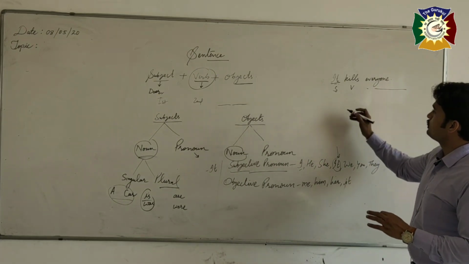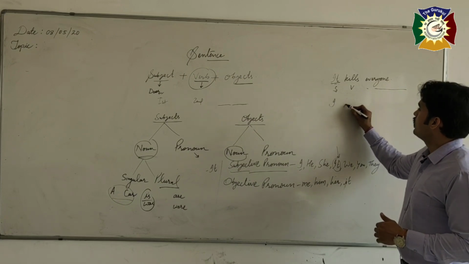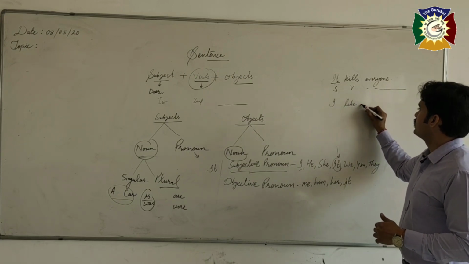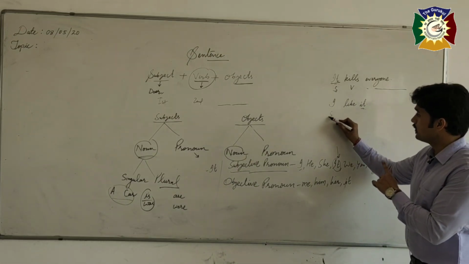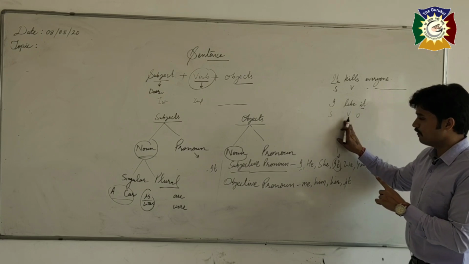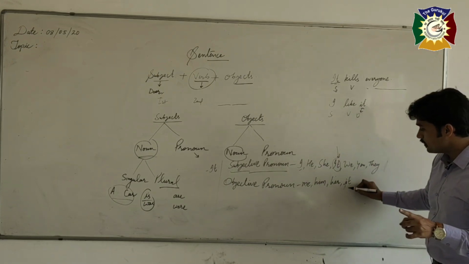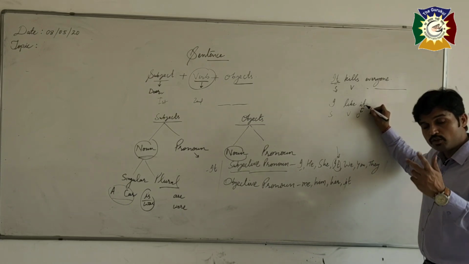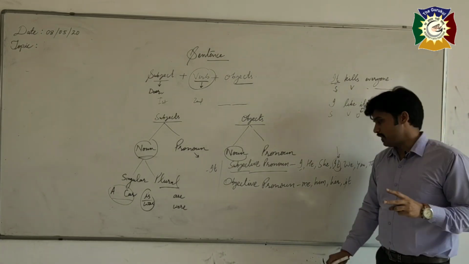For example, I'm giving one more sentence like I like it. Now you see this it, SVO, subject, verb, object. Now this is object, right? So here this it is actually this it. So don't get confused between spellings. One is subjective and the other is objective.